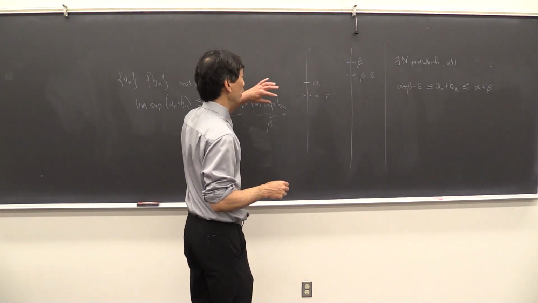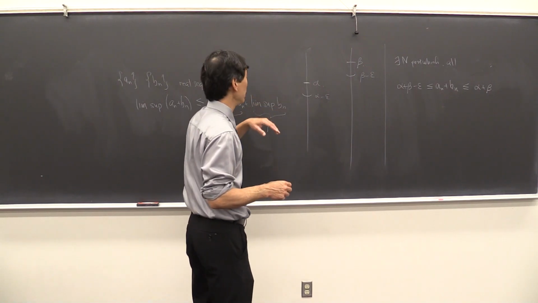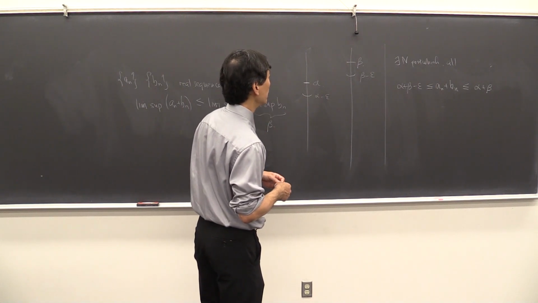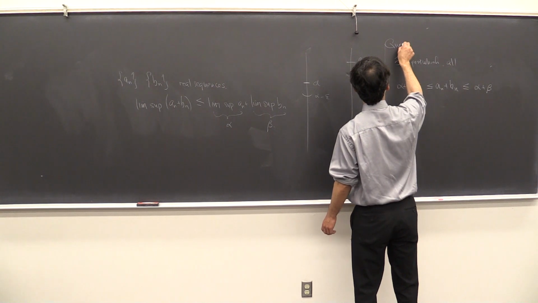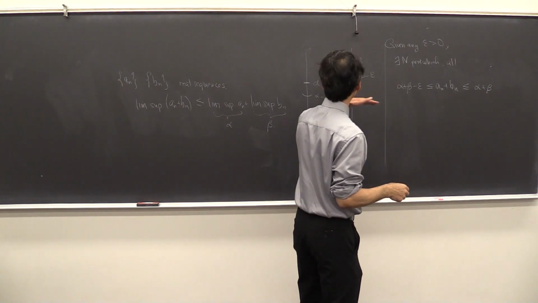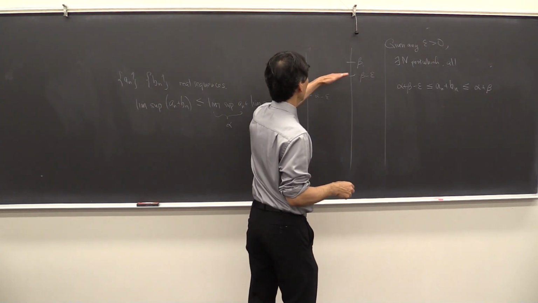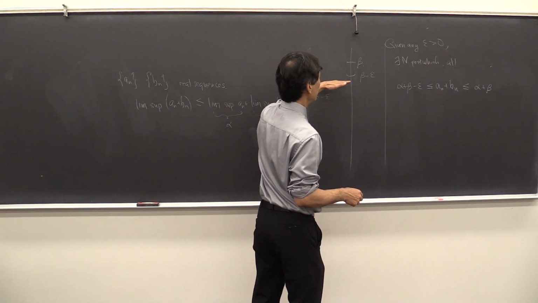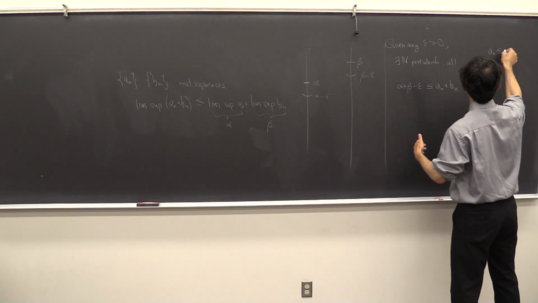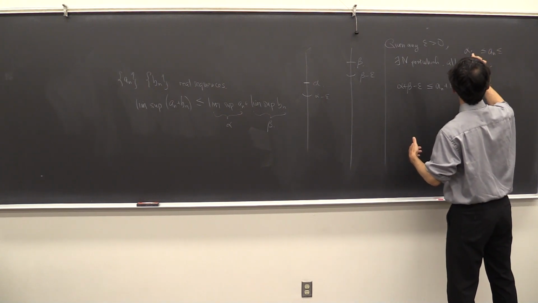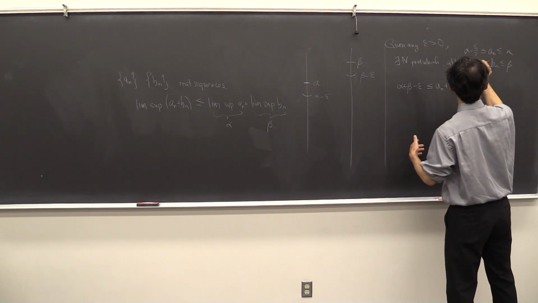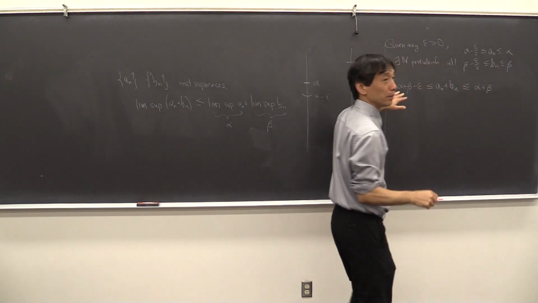I'm using the characterization of the lim sup; I think that's the easiest way to understand it, as this half limit. So given any epsilon, there's a time past which all a_n lie between alpha minus epsilon over 2 and alpha, and all b_n lie between beta minus epsilon over 2 and beta, and thus you get this sort of thing.